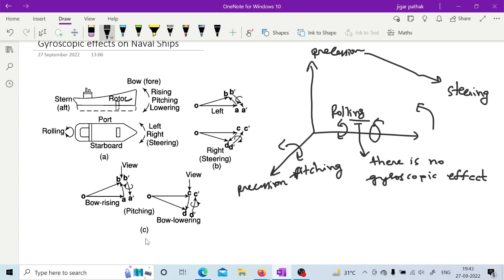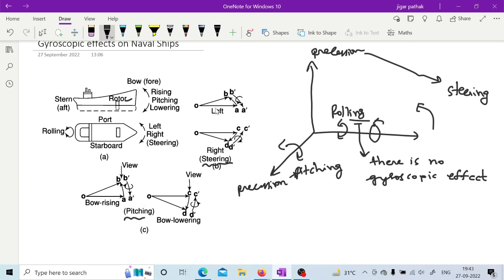Now if we see the different cases, as you can see here they have mentioned steering, and here they have mentioned pitching. What will happen in case of steering? When viewing from the rear, this is the clockwise direction and a left turn, right? Can anyone tell what will happen?